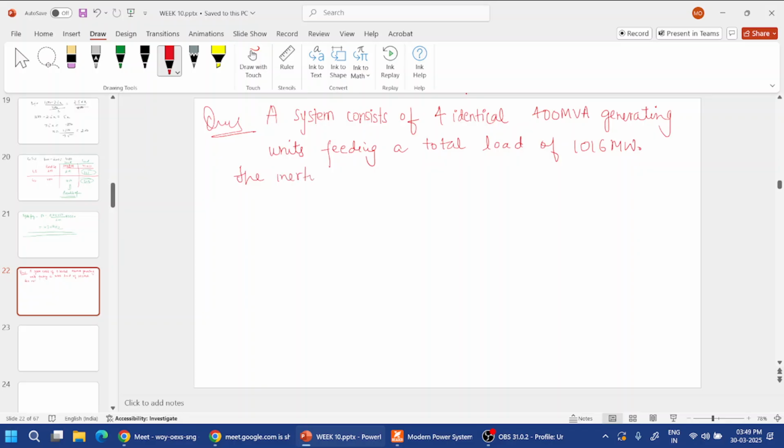The inertia constant H of each unit is 5.0 second on 400 MVA base.